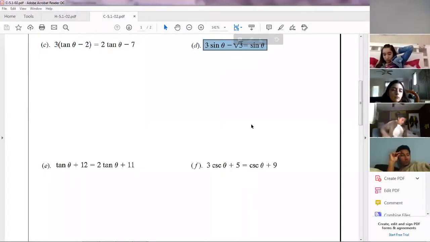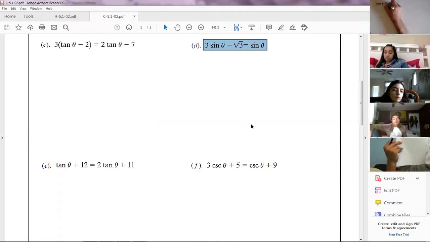Let's go and solve the next problem. So let me share screen right here. Now this one: you have 3 sine of the angle theta minus the square root of 3 equals sine of theta.